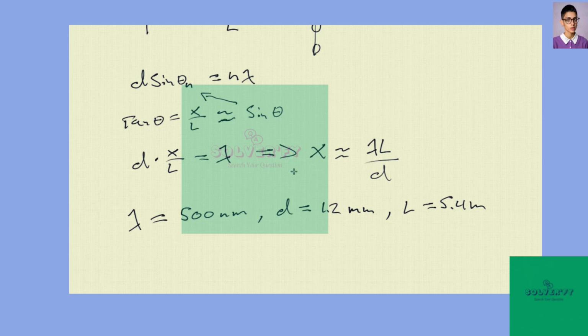Now we plug all this in, remembering that we got to get our units all in accordance with one another. So nanometers is 10 to the minus 9 meters, and millimeters is 10 to the minus 3 meters. We get that x equals 2.25 millimeters.